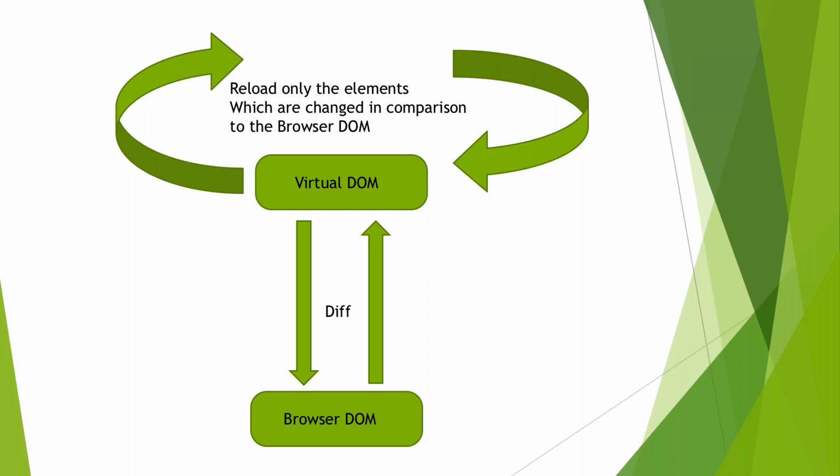So whatever was in your browser DOM is copied into your virtual DOM at the launch of your application, web application or mobile application. At the launch of your application, React copies everything from your browser DOM into a virtual DOM. And all your manipulations of data are happening on this virtual DOM.